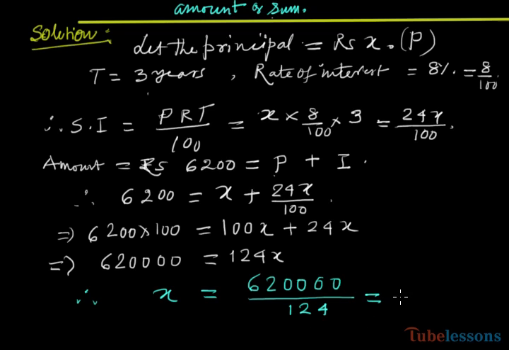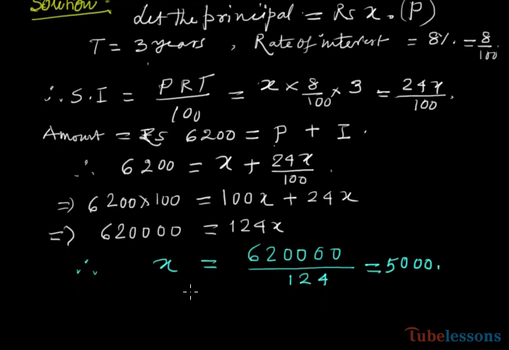After simplification, we get 5,000. Therefore, the required sum is ₹5,000.